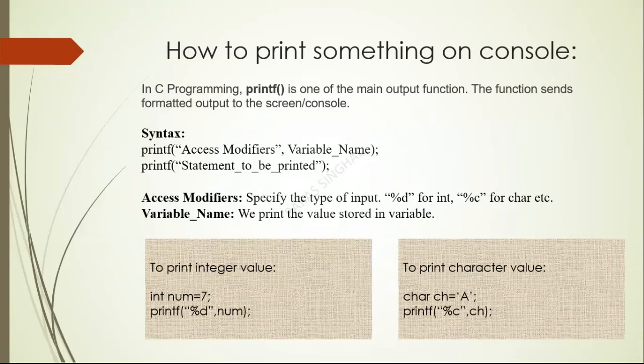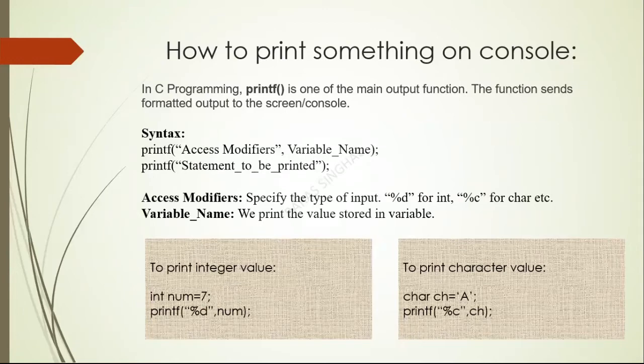Syntax: printf, same as scanf, the first argument is the access modifier, then the variable name to print the value which is stored under the variable name. The other syntax is printf, and we can write anything under double quotes to print something on the console.